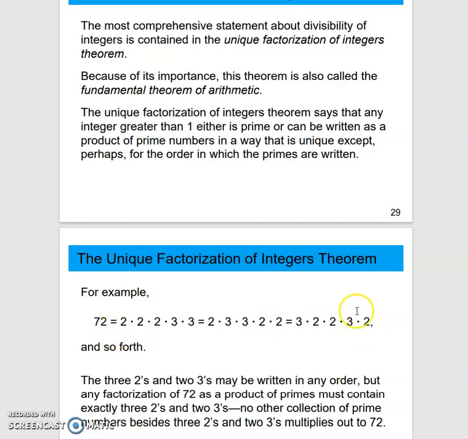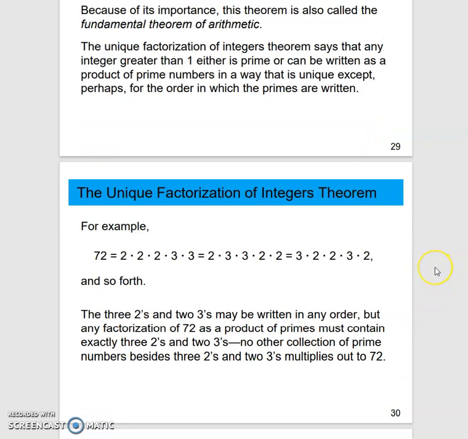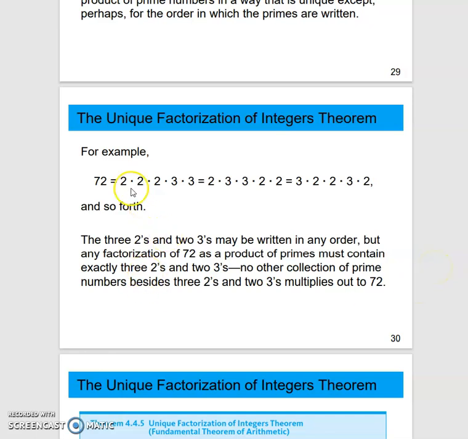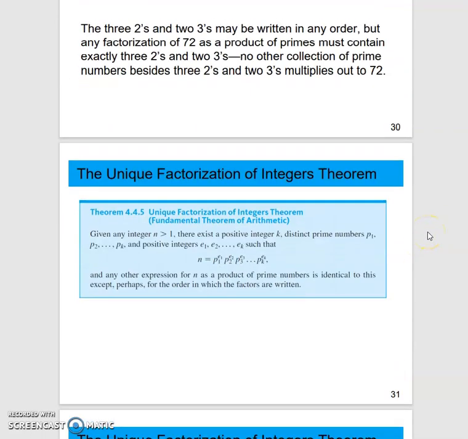Now I can write them in any order I please, but no matter what order I write them in, I should have two 3s and three 2s. Sorry, that's hard to say. And what we're saying is that's the only way we can write 72. Again, we're not worried about the order that we're writing those terms. That is called the unique factorization, or the fundamental theorem of arithmetic. It's a pretty big deal.